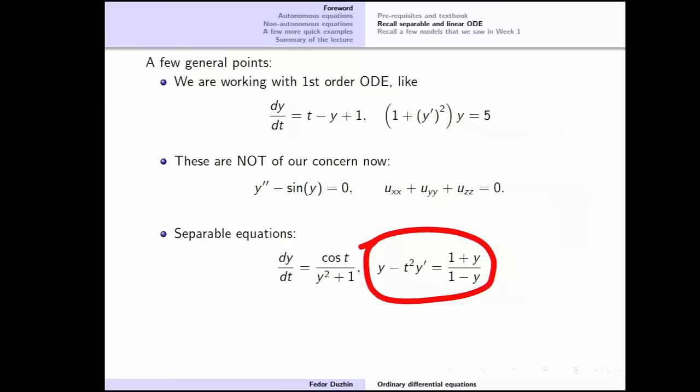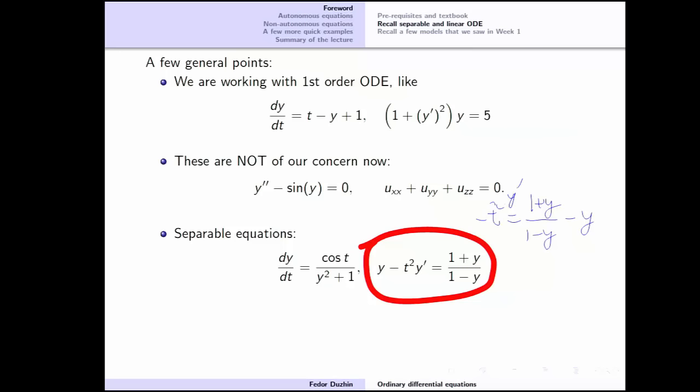Notice that you can rewrite the second equation as follows. First, if we move y from the left hand side to the right hand side, then you will get minus t squared equals 1 plus y over 1 minus y minus y, and then times y prime.